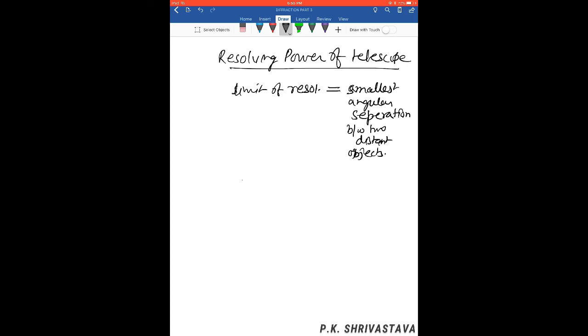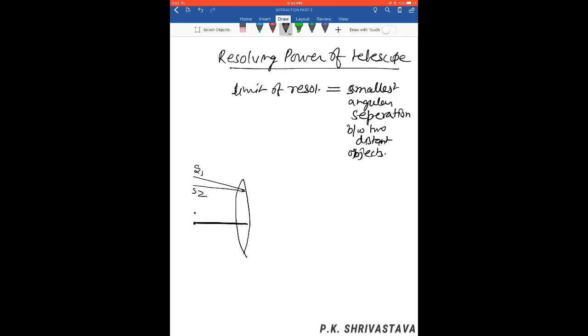This is objective lens of telescope. Diameter of objective lens is large, and suppose this is light from source S1, this is light from source S2.